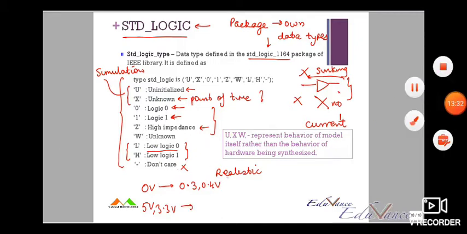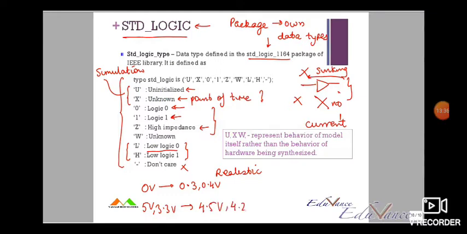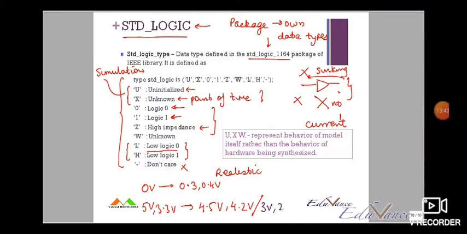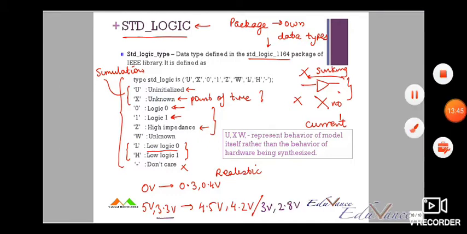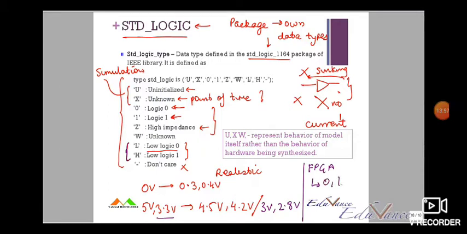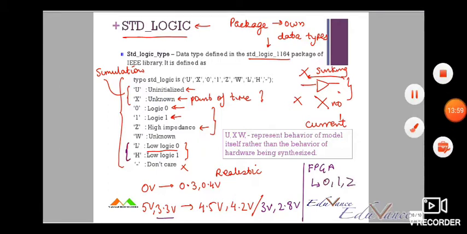And a low logic 1 would mean something like 4.5 volts or 4.2 volts with respect to 5 volts, or 3 volts or 2.8 volts with respect to 3.3 volts. So these are also realistic situations, but very rarely used. If you're using an FPGA, then you do have 0, 1 and high impedance.